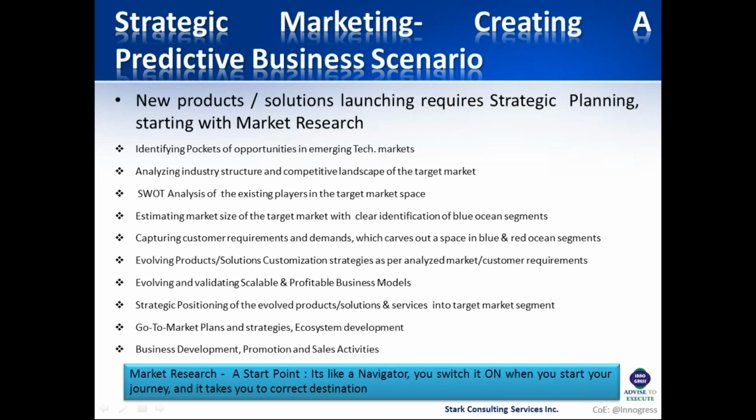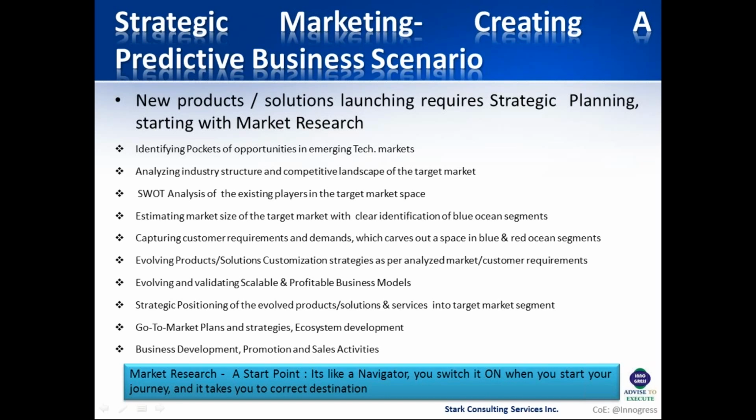Then customer requirement and demand, to find out whether you are going to be in a blue ocean or red ocean, or maybe a mix of both, and what goes into blue and what goes into red, are very important. Then evolving the product and solution customization strategy as per the market. If you are in the B2C space, you may have to do a little customization depending on your segments.